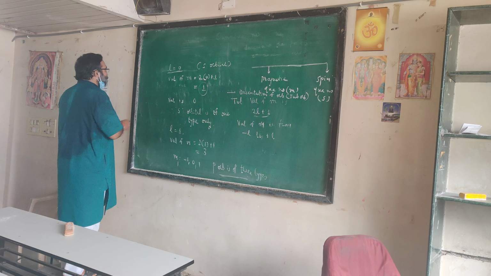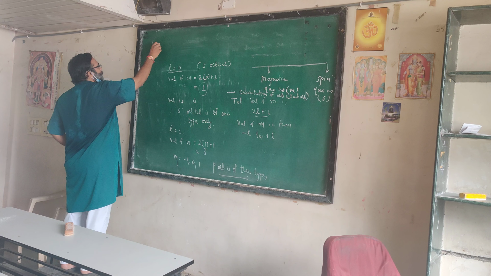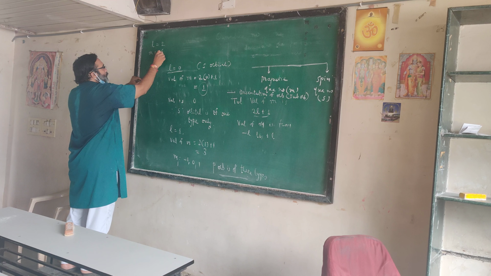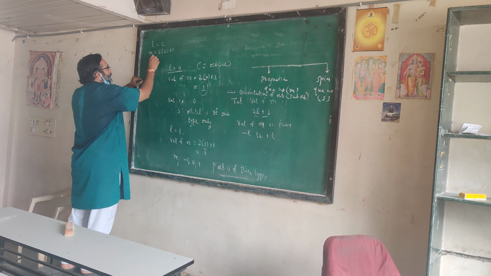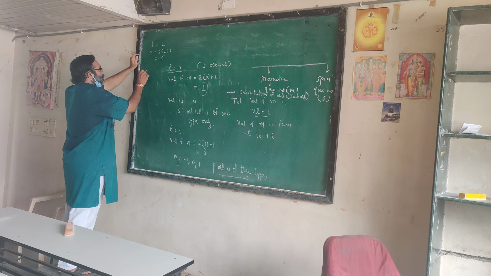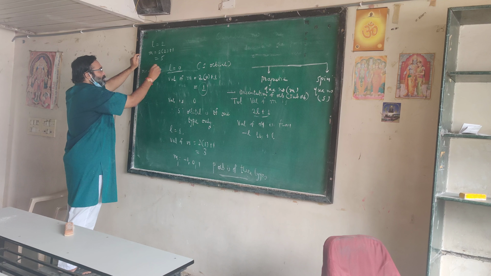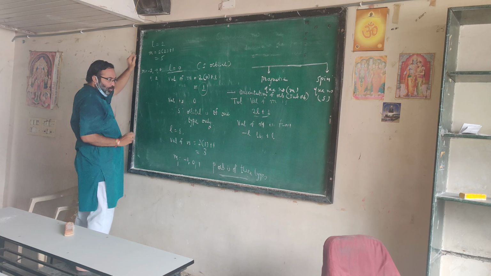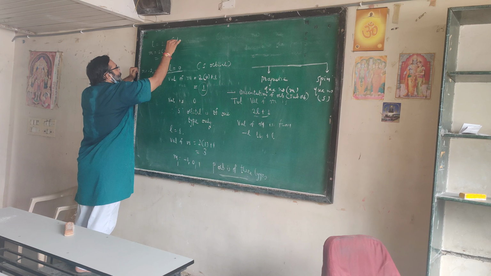Similarly, if you take the value of l as 2, then m will be 2 into 2 plus 1, that is 5. Which 5 values? m equals minus 2 to plus 2: minus 2, minus 1, 0, 1 and 2. And l equals 2 means the d orbital.